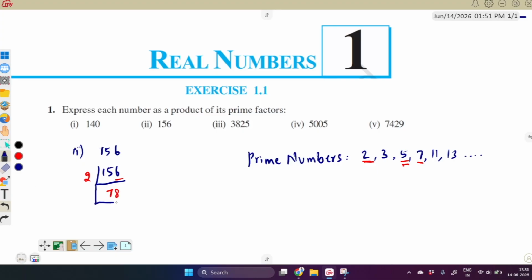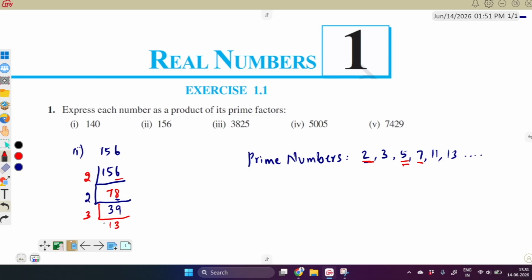Again it is ending with 8, so it's an even number. Even number again divisible by 2, so 2 3s are 6, 2 9s are 18, so 39. Now 39 is divisible by 3, because this is a simple one, 3 1s are 3 and 3 3s are 9.